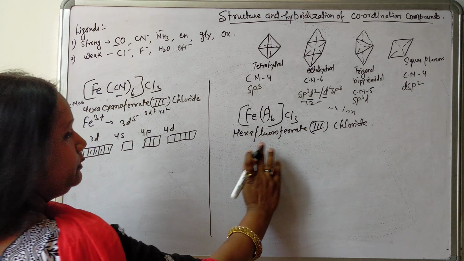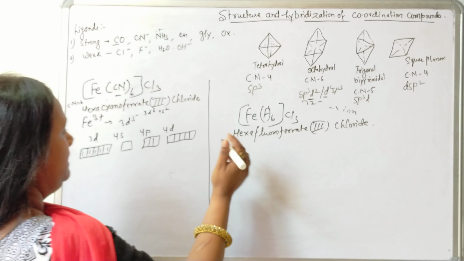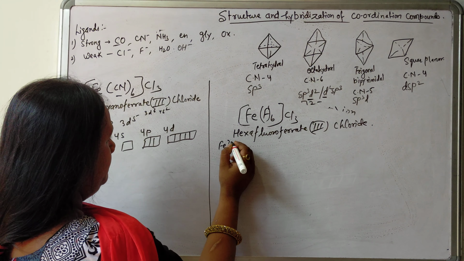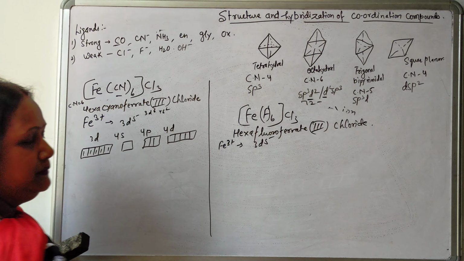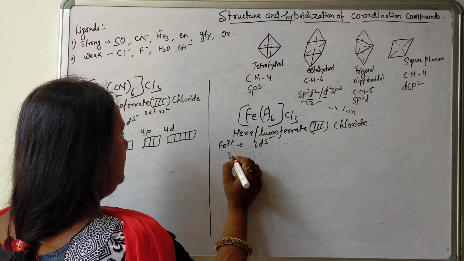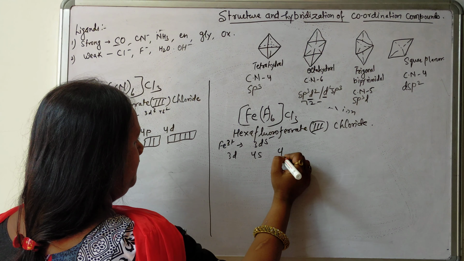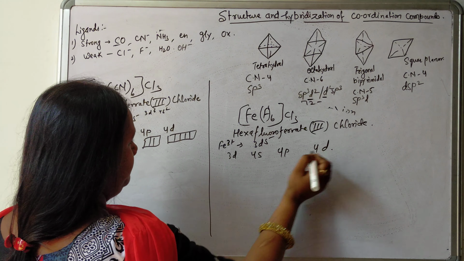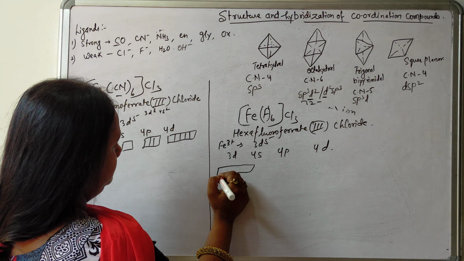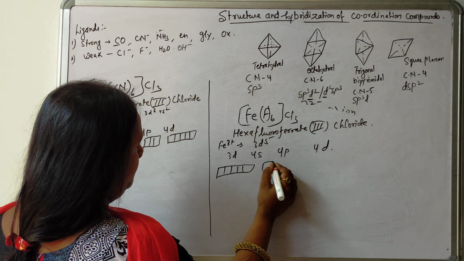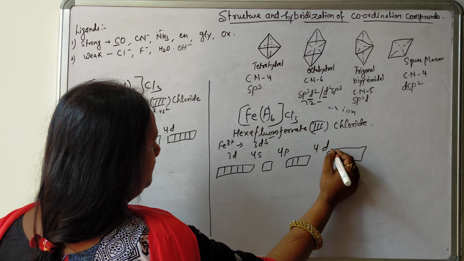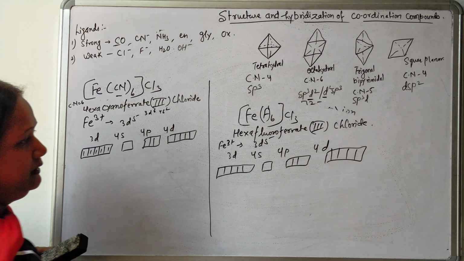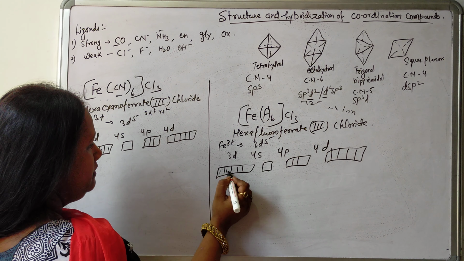And here also I am going to explain in parallel. Fe3+, what will be the 3d5. Okay. And 3d, 4s, 4p, 4d. Here also 5 electrons.